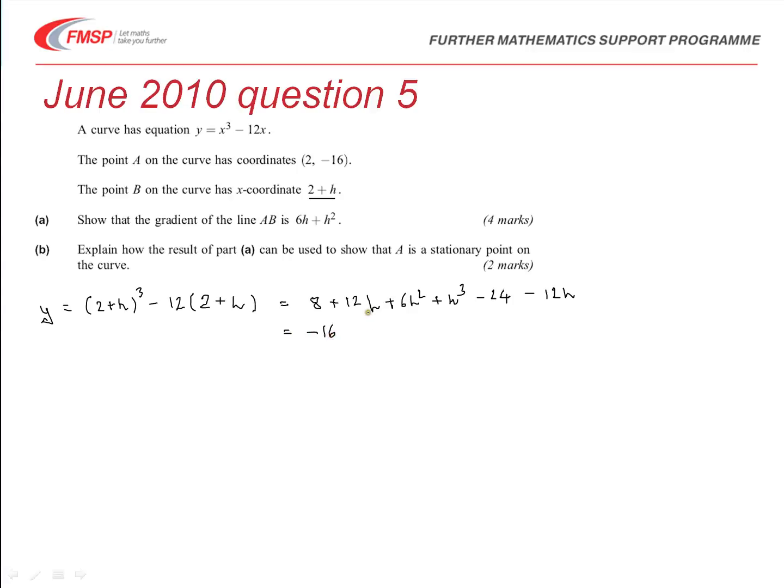Then we've got a 12h and a minus 12h, they both disappear. So we just get plus 6h squared plus an h cubed. So that is the y component at B.